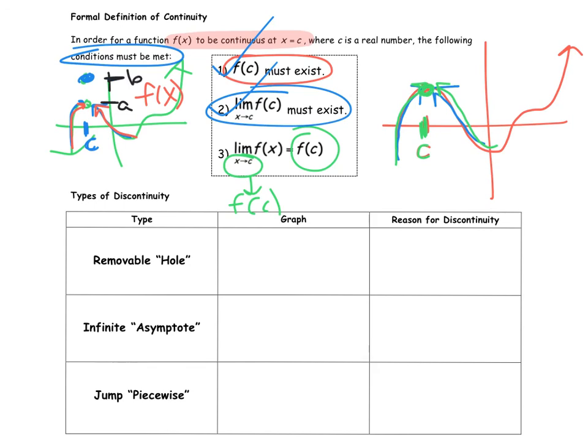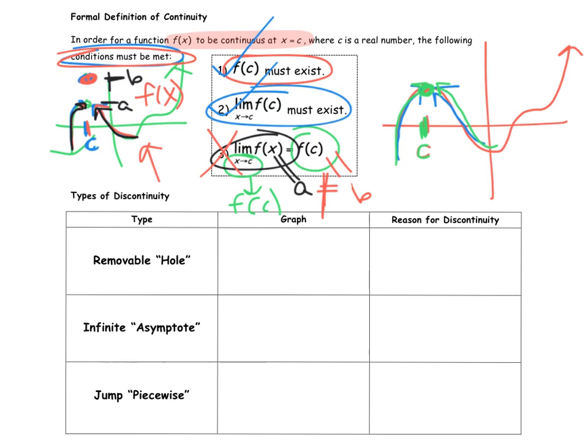So the limit of f of x as x approaches c has a y value of a, so that's going to equal a. And f of c is actually equal to b. Well, a doesn't equal b, so this would fail. So this part fails the conditions that need to be met in order for something to be continuous. So this was just a counterexample showing you that a jump discontinuity indeed is not continuous.